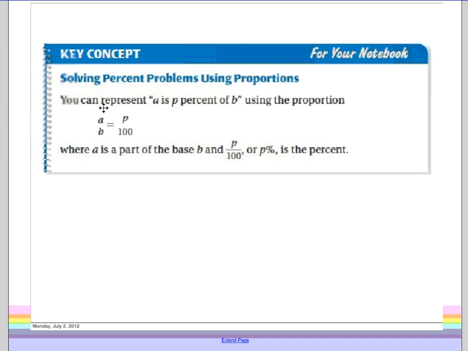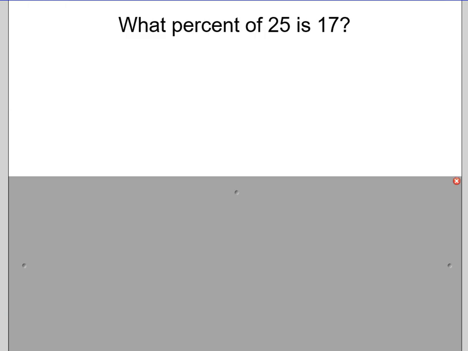In this case, you can set up a proportion as A is to B equals the percent over 100, okay? Where A is the part and B is the whole. So let's do an example with this.